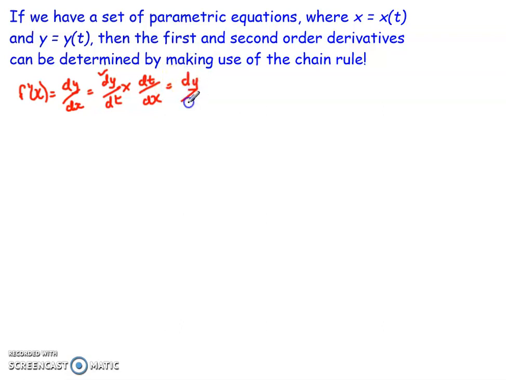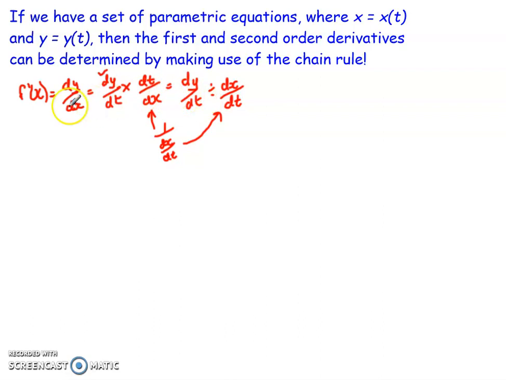Because what we can do is rewrite that as dy by dt divided by dx by dt. So what we can do is flip this round, because dt by dx is the equivalent of 1 over dx by dt. So I'm then able to change that and say it's dy by dt divided by dx by dt. So I can write it in that format there.